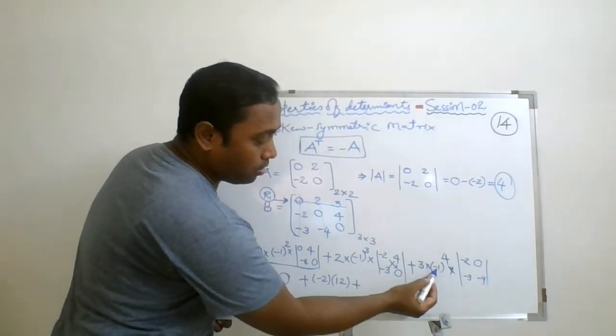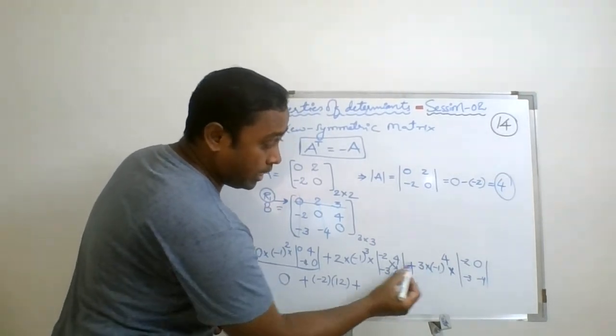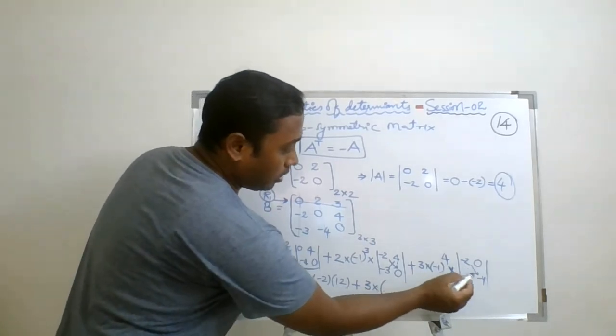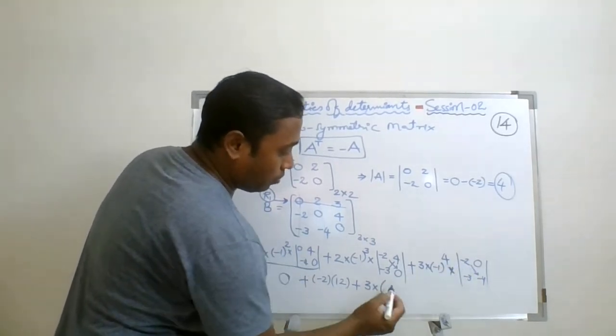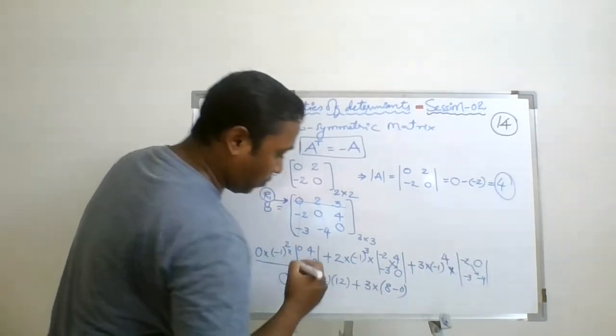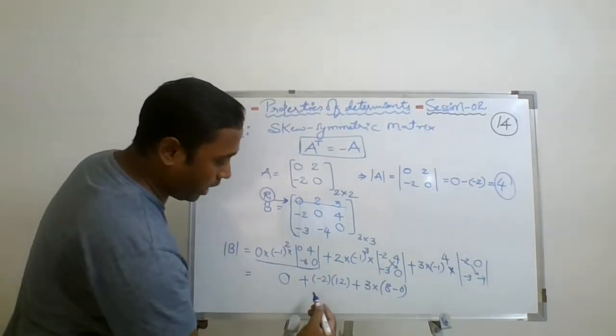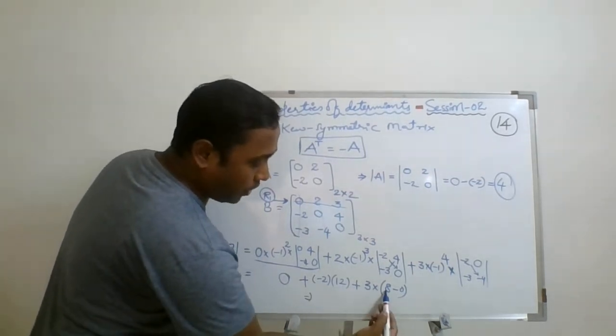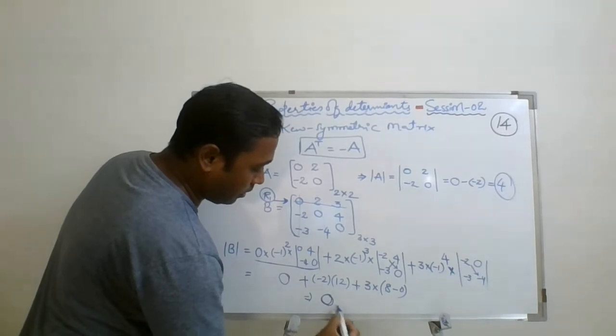Then minus 1 to the power of 4 is positive 1, into 3. It's positive 3 only. And the product here, if you multiply these values, you will get 8 and the rest with 0. So 8 minus 0. So finally, if you calculate this value, it's minus 24, it's plus 24, the sum will be 0.